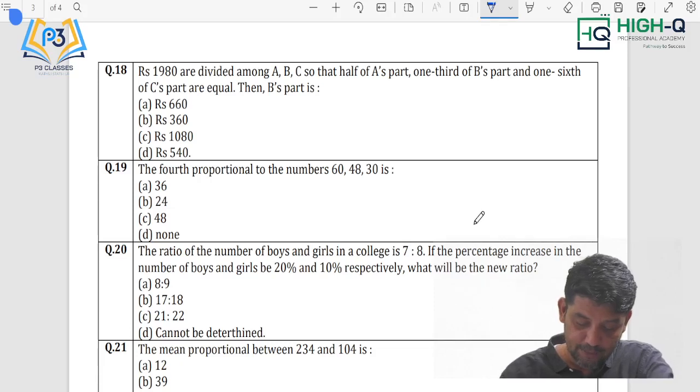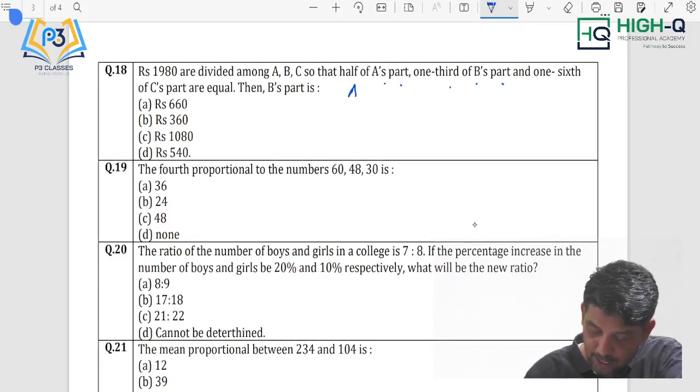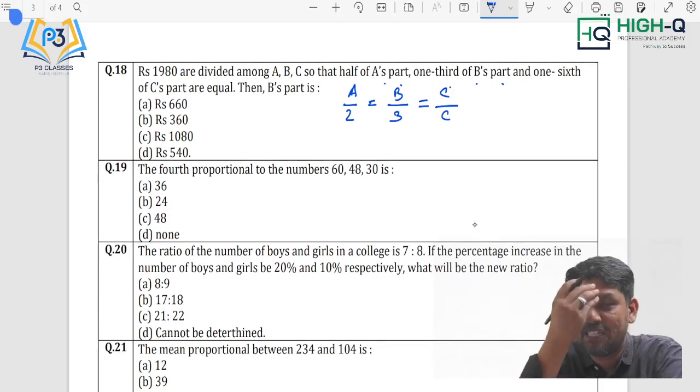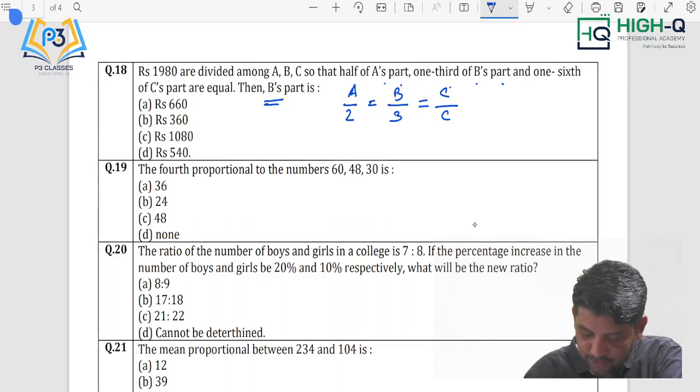1980 is divided among A, B, C so that half of A's part, 1/3 of B's part and 1/6 of C's part are equal. Very simple procedure. They ask you to find out B's part. Can I say A is to B is to C equal to 2 is to 3 is to 6?